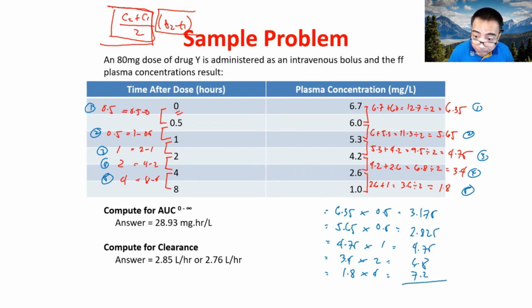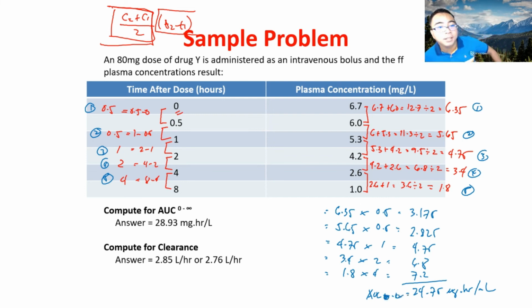Combine everything. So 3.175 plus 2.825 plus 4.75 plus 6.8 plus 7.2 equals 24.75 microgram hour per ml. Now, this is my AUC from 0 to Tx.